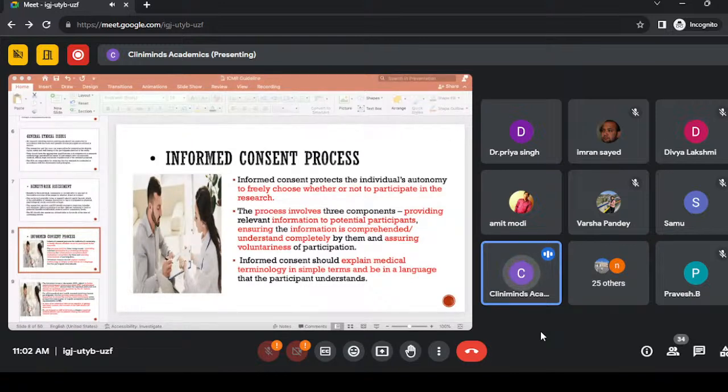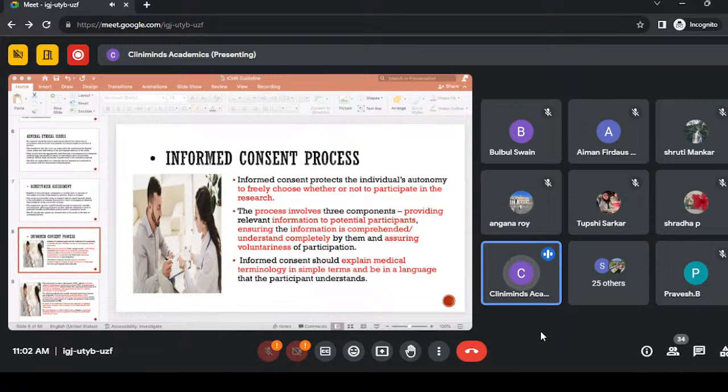Okay, so can any participant take part in the research as long as they haven't signed the informed consent? What do you think? No, ma'am. No, right? So informed consent is the first step that is carried out before we allow the participant to take part in the research.